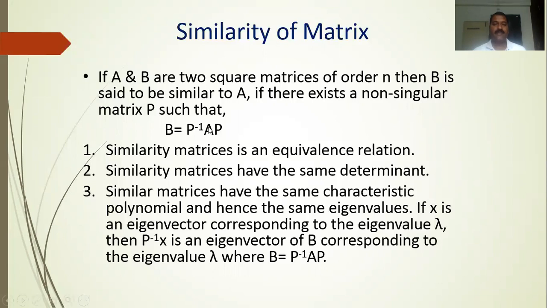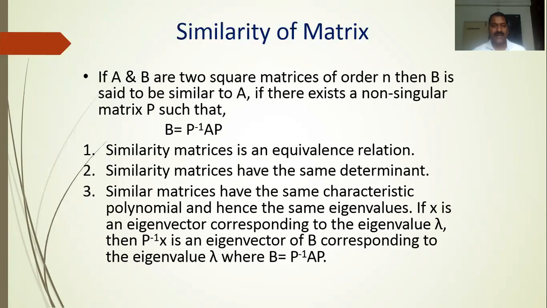Then A and B are said to be similar matrices, where P should be non-singular, because only then P inverse exists.